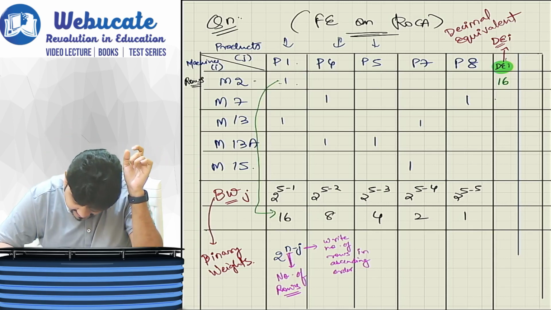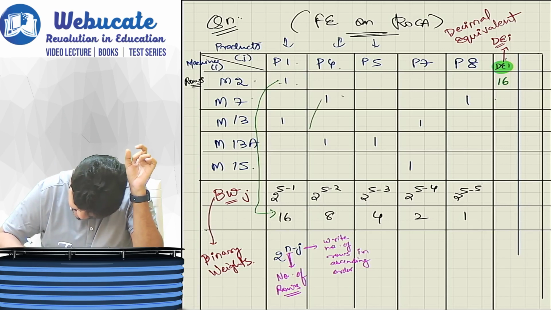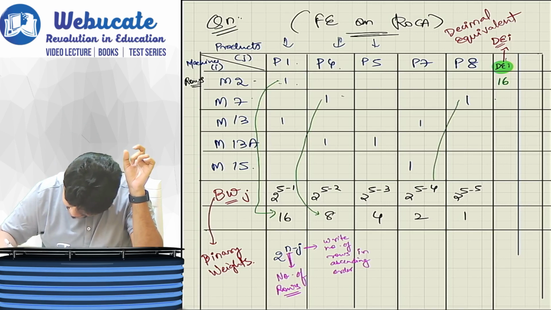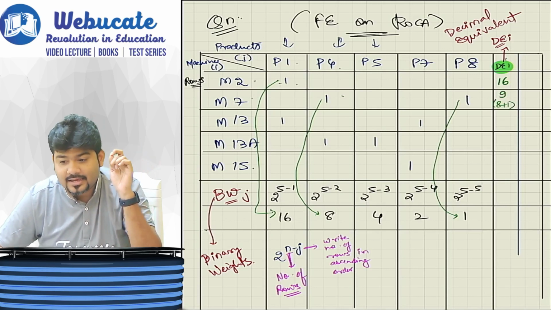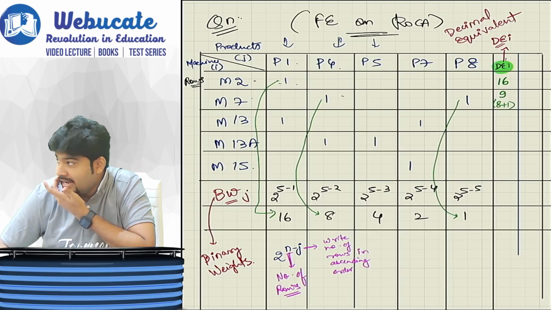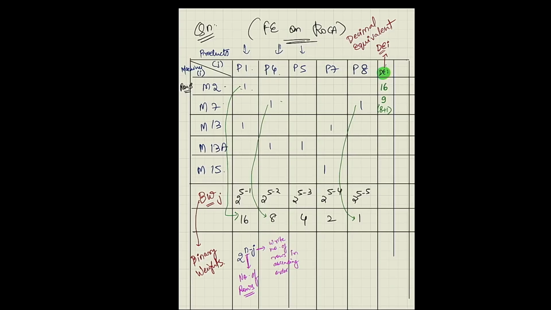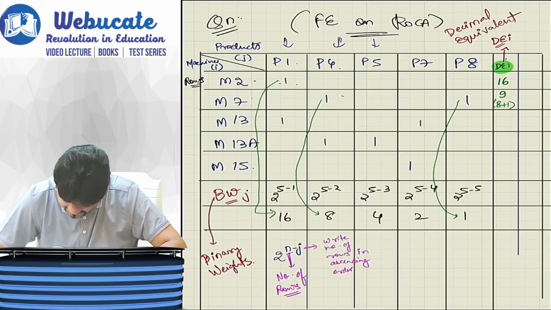So in M7, in P4 there is this 8, and in this P8 there is this 1. So 8 plus 1 is equal to 9. Then third. Getting it, my friends? Next.